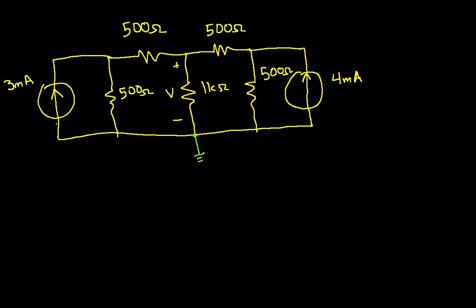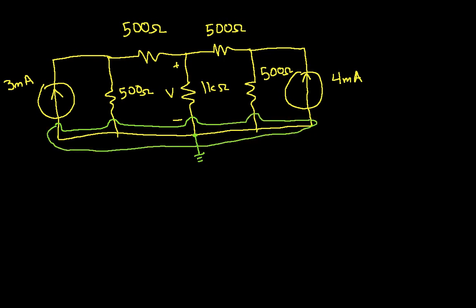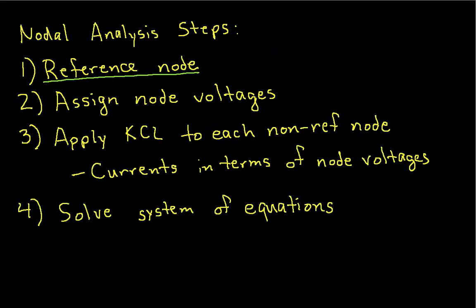So that means that this node that covers the entire bottom of the circuit, this whole thing here, is my reference node. Now, what will I use my reference node for? Well, it turns out that I'm also going to assign node voltages. In fact, let's go back to our list of things to do.